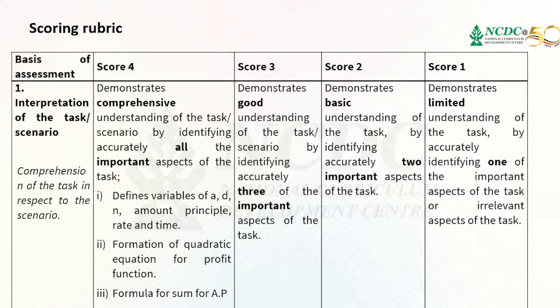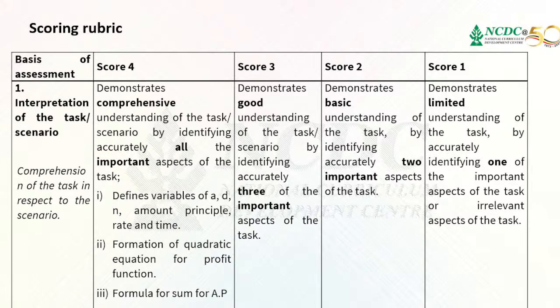We have generating and presenting ideas as basis number 2, which can also be divided into 3, and the 3 we have there: the first one is generating ideas that are addressing the task. We have the one that is looking at the connection of the ideas within and outside the scenario.